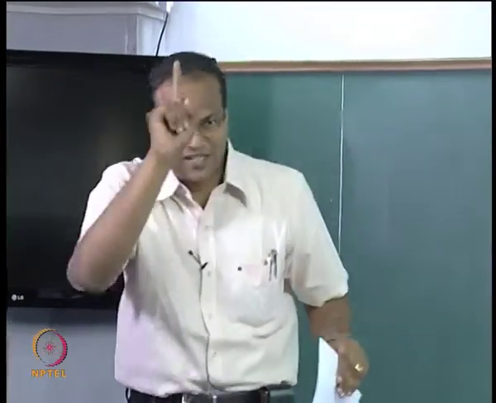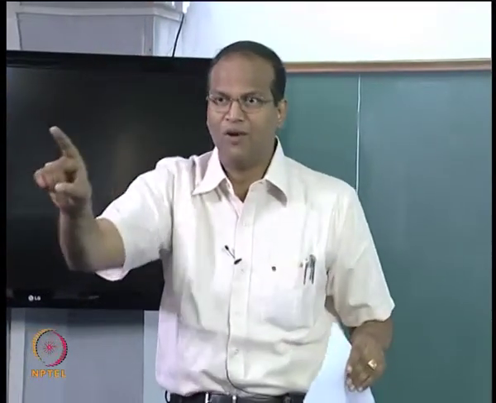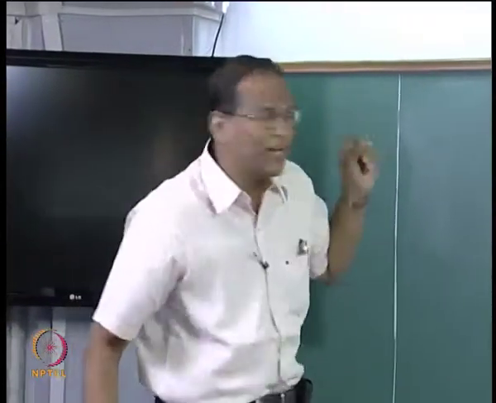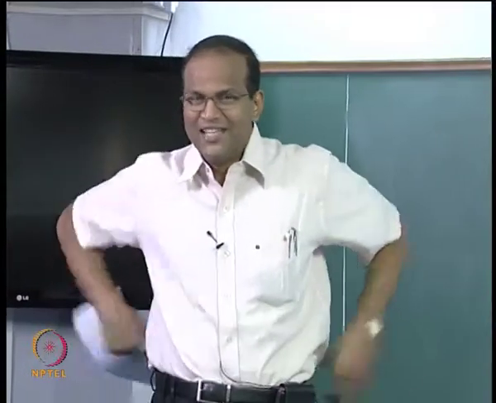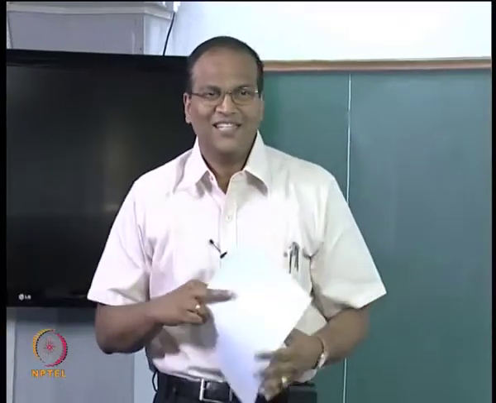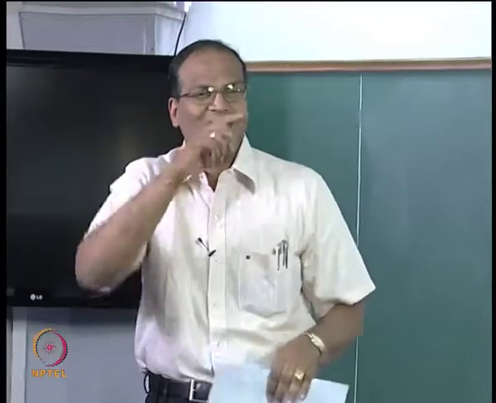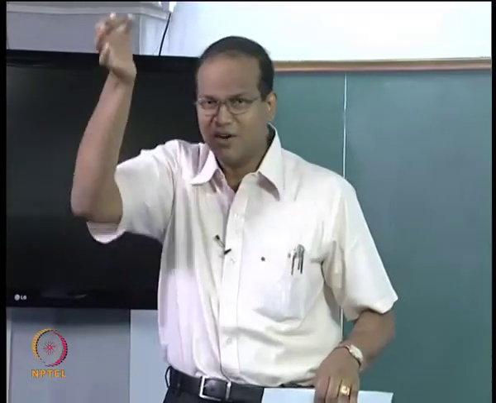That is correct for a black body as well as for a grey body. The body under consideration is called a non-grey body. Non-grey means that it has a distribution, that is, epsilon is a function of lambda.